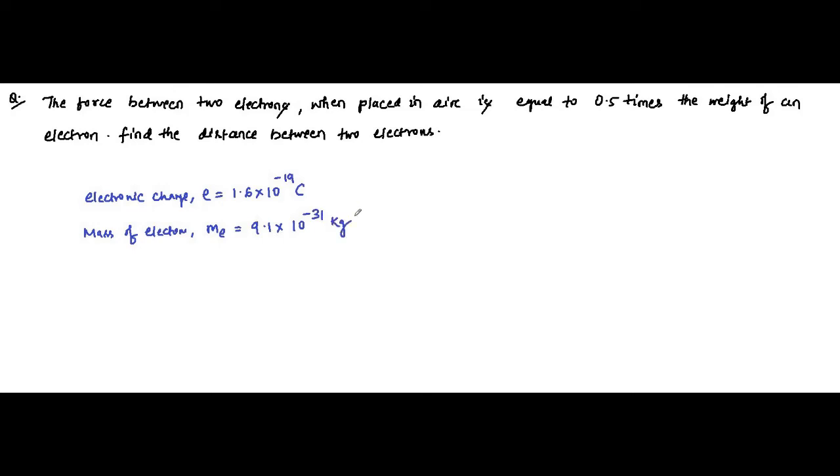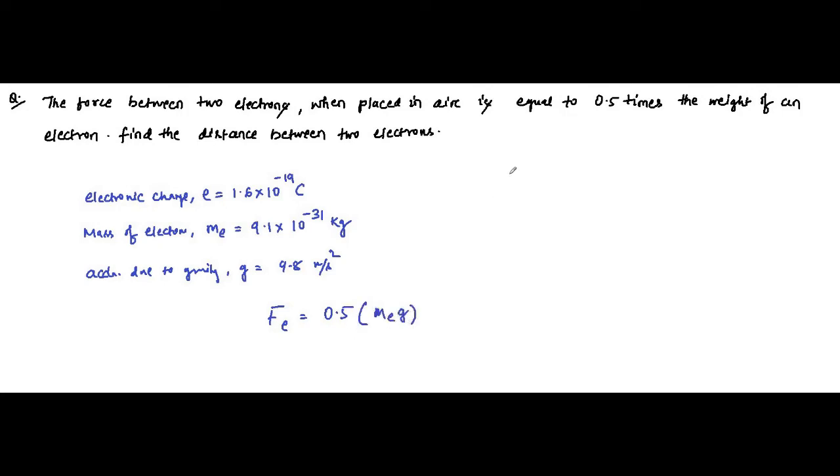Okay. Now acceleration due to gravity, g is equal to 9.8 meter per second square. So here it has been given that the force between two electrons, that is the force of repulsion between two electrons, is 0.5 times the weight of the electron.